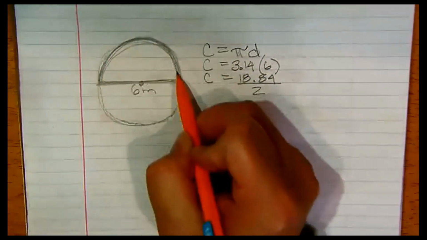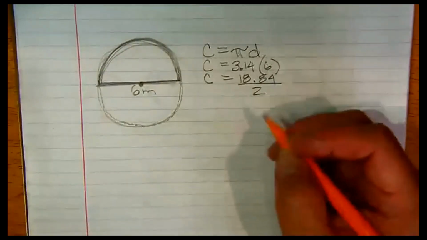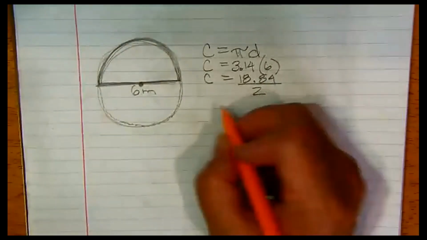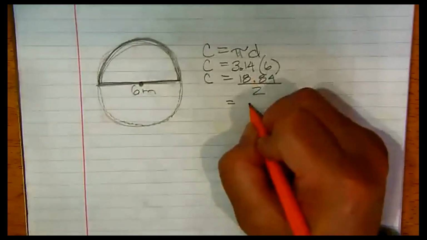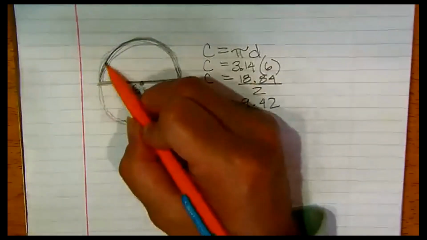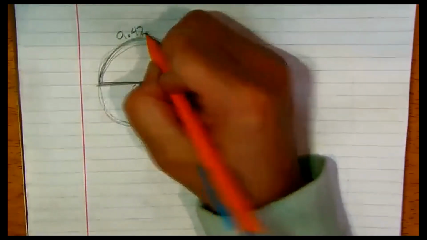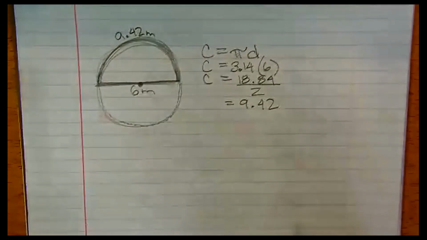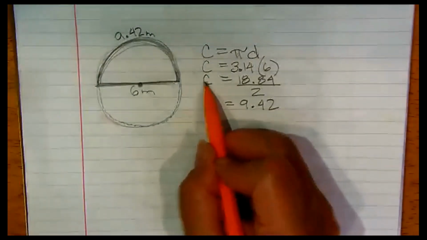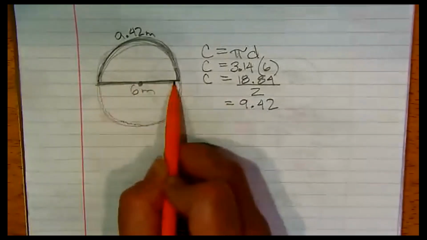Half the circumference is equal to 9.42 meters. So this is half of the circumference, and this is the diameter.